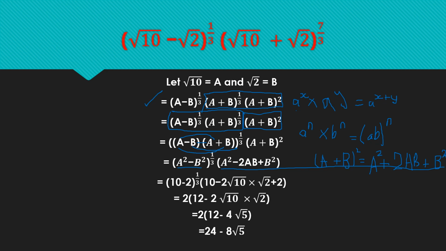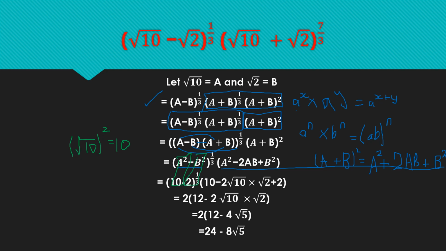Now that we are done with factorizing the entire thing, we can put them back. So a squared. Now, root 10 squared is actually equal to 10. Good job. So here, I can actually get 10 and b squared.